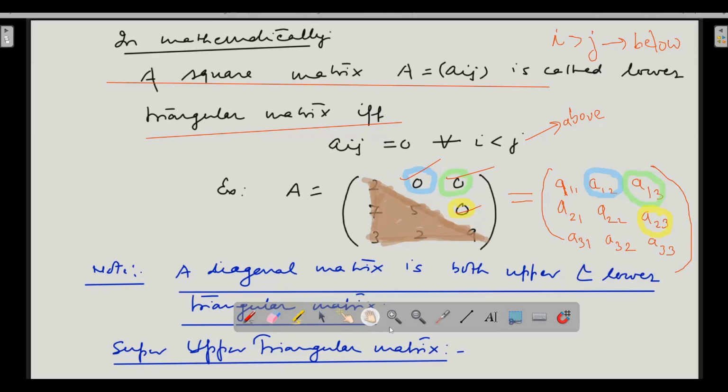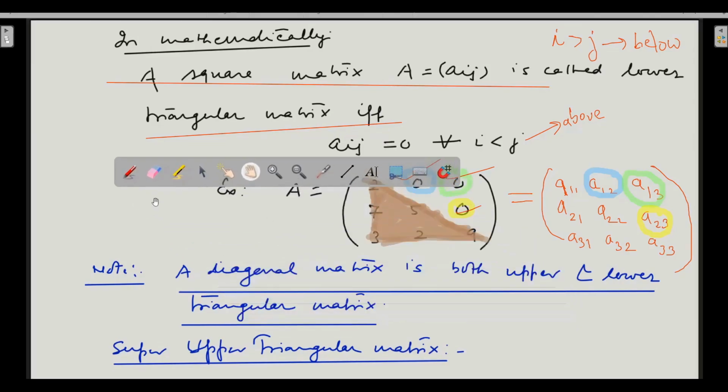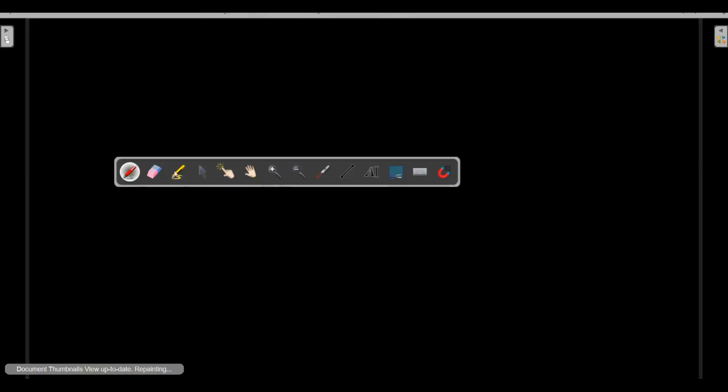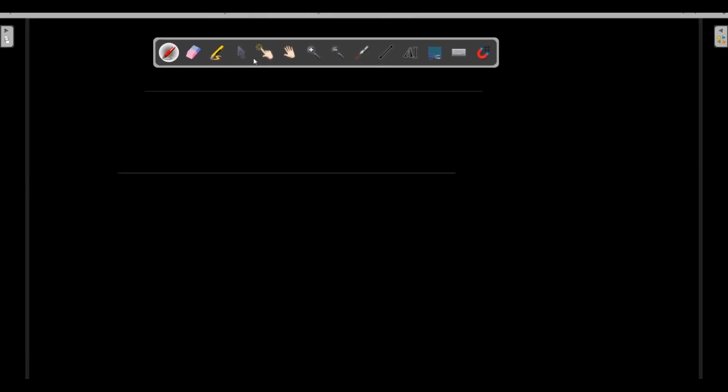Now there is an amazing fact over here. A diagonal matrix is both upper and lower triangular matrix. Now let us understand why. Let us understand the reason behind it. So suppose I have something like this.